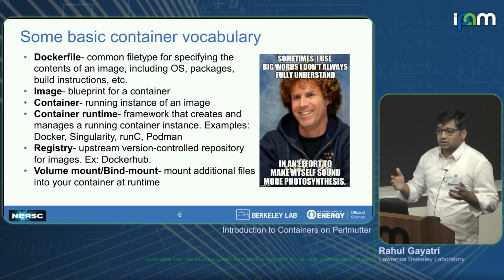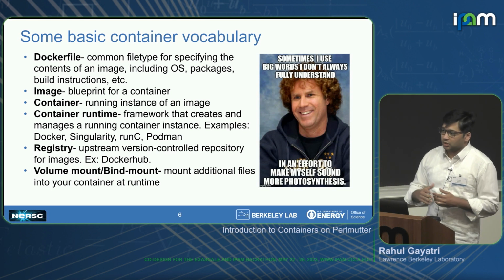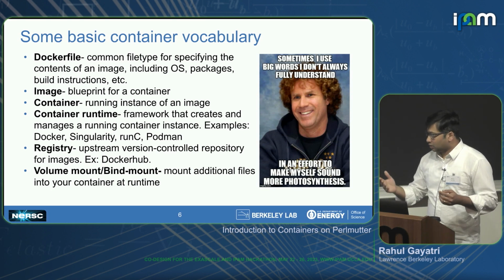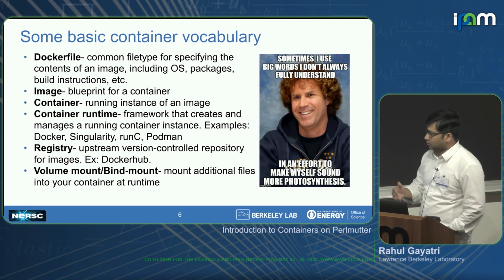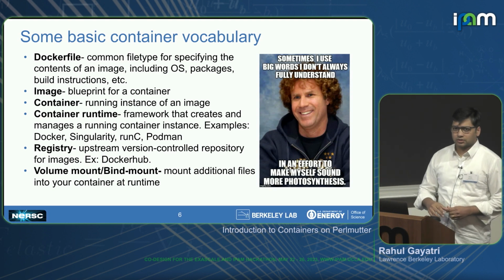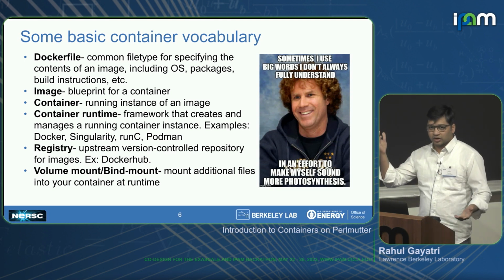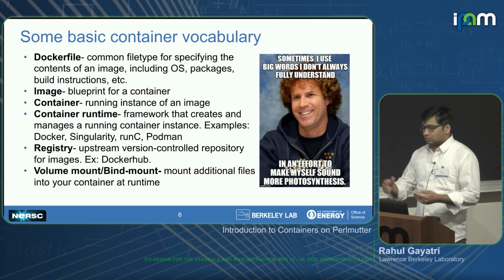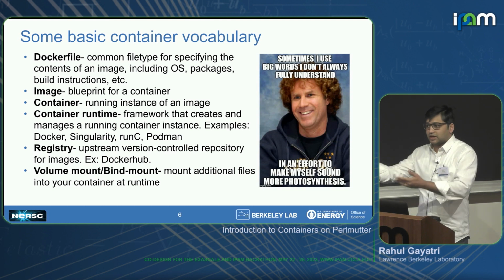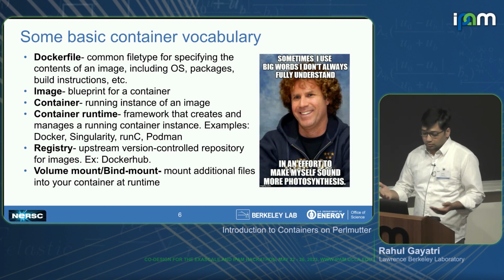Container runtime is the software that enables all this, like Docker, which is the most famous container runtime. But there are others like Singularity, Charliecloud, Shifter, and so on. I don't think Shifter allows building images, but we'll talk about it later. A registry is somewhere upstream that you store your images, like Docker Hub, so that you don't have to store the images locally, and you can use that upstream registry to pull them to a different machine if you want to.